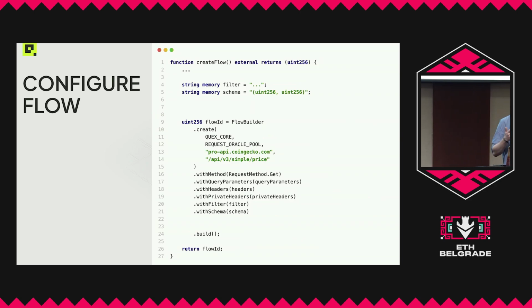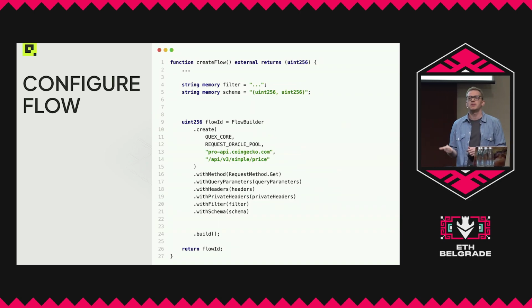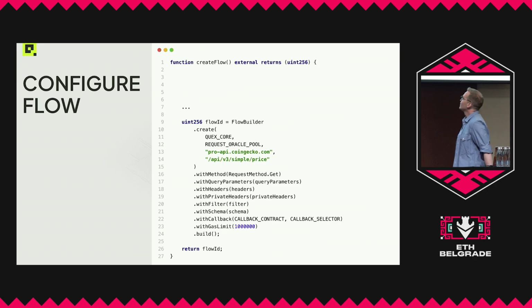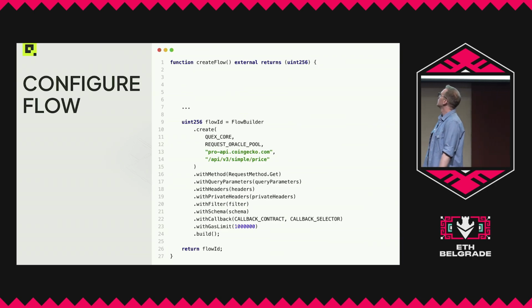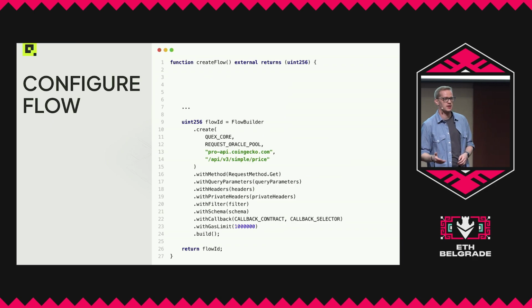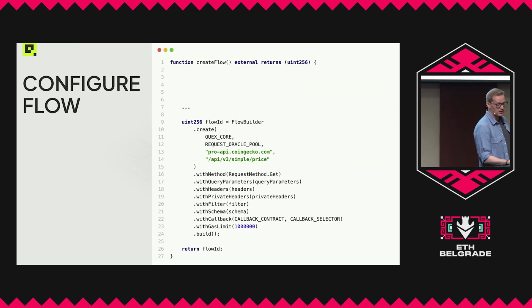So in our case, we expect to get back a tuple of 2 integers. It's shown here. And next part, we need to say where to put data back. So you need to provide your callback contract and your callback function, and specify a gas limit for this callback.